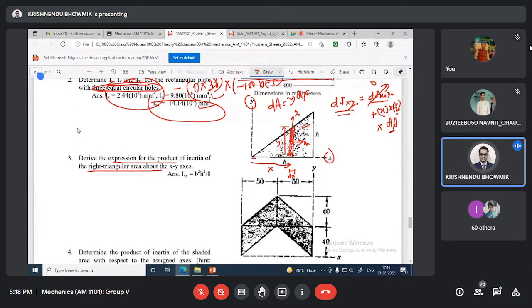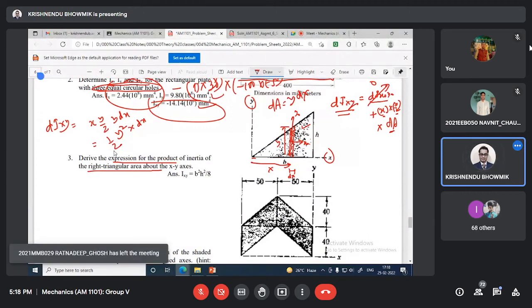So this is dIxy equal to x y by 2 y dx, equal to half y square x dx, y square by 2 x dx.